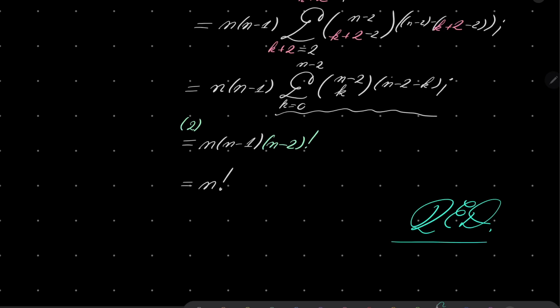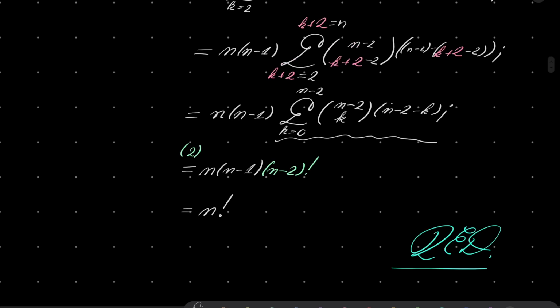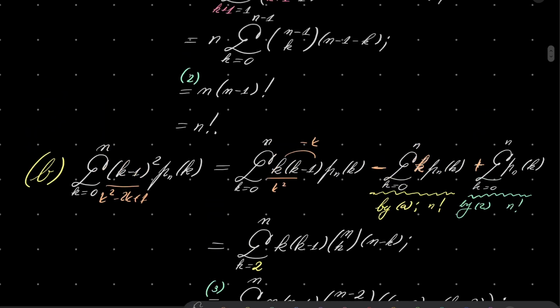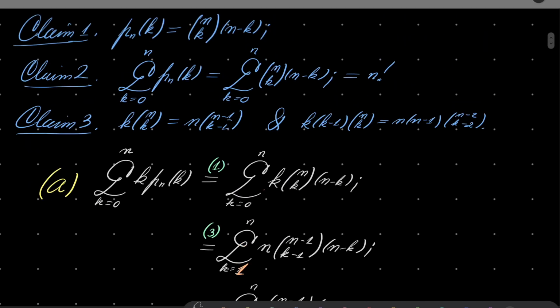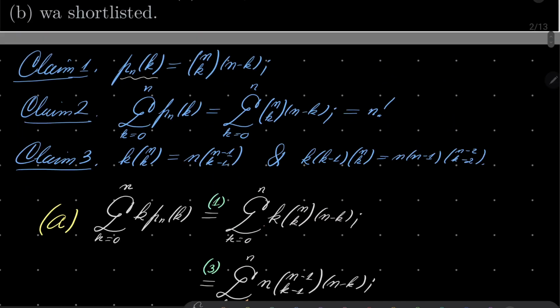Both of our sums equal n factorial. A pretty nice problem, not very complicated, but the crucial part was the observation that first we can express Pn of k using subfactorials and binomial coefficients, and also noticing that if we sum every Pn of k, we get n factorial.